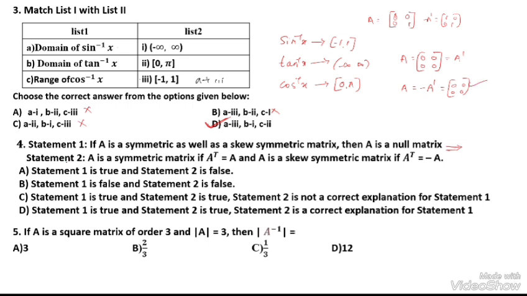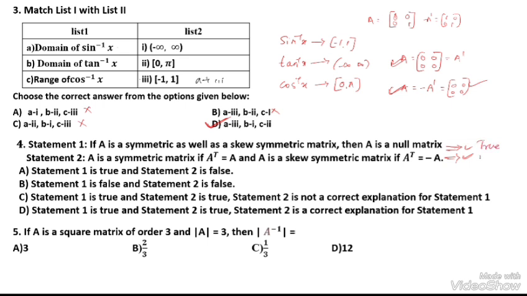Statement 2: A is a symmetric matrix if A transpose is equal to A, and A is a skew symmetric matrix if A transpose is equal to minus A. Both hold, and this is also true for the null matrix. Hence both statements are true.